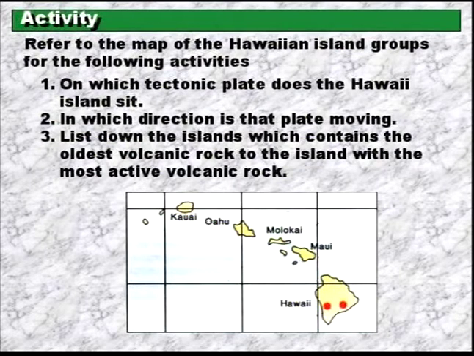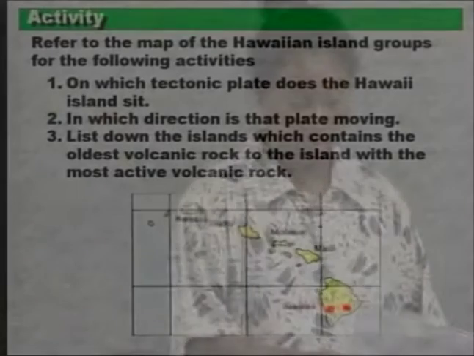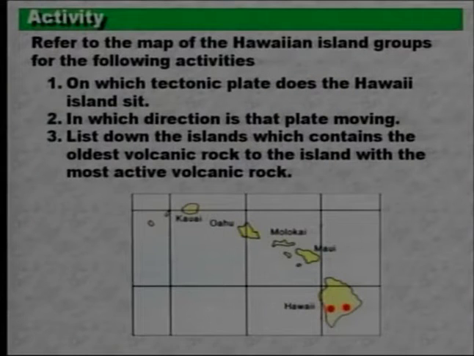Okay, I think most students have finished, so we will check on those activities now. Val, you're going to give us the first answer to that question, followed by Kathy as we move along in that row. The first question reads, on which tectonic plate do the Hawaiian Islands sit?